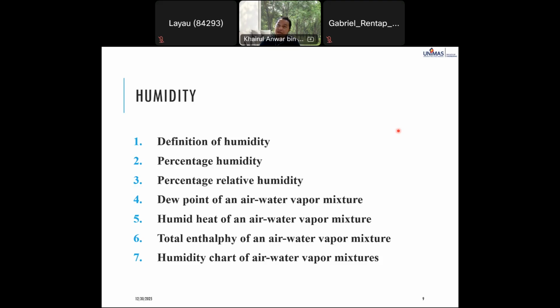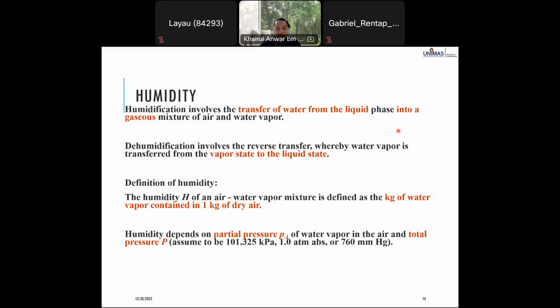If you learn about cooling tower operation, it is also related to this. What else? Energy balance is also related to this. So under humidity, you have the definition of humidity up to the humidity chart. So what is humidity?